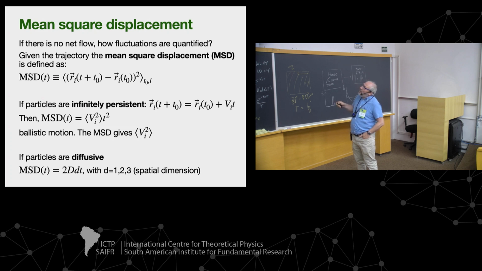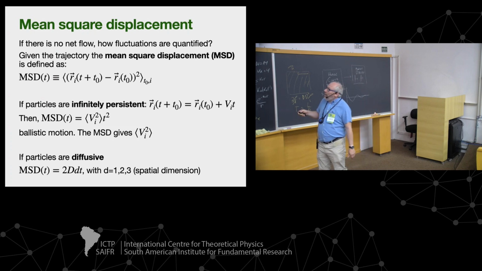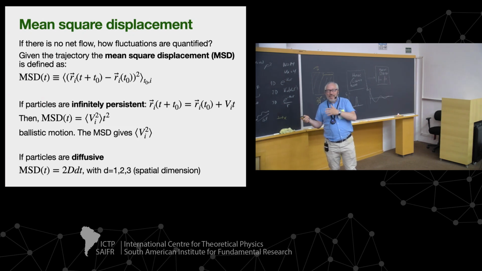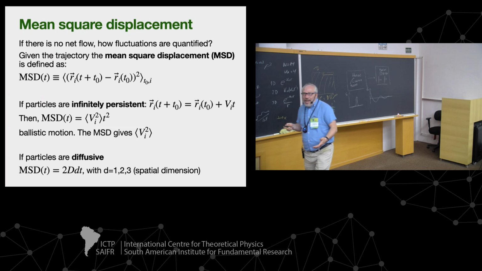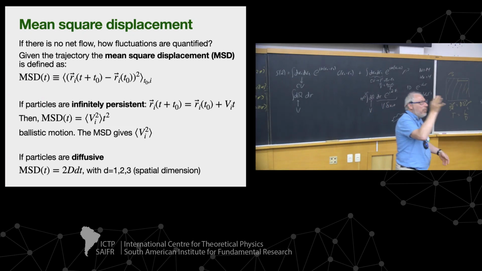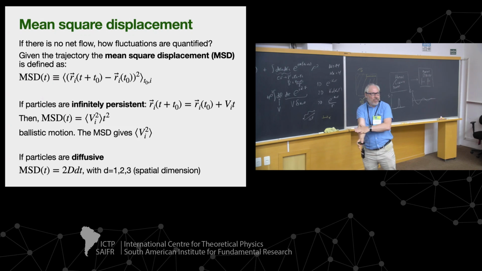Then the displacement is simply v_i t, and for the mean square displacement you have to average (v_i t) squared, which is simply the average of v_i squared, times t squared. So if you see that your mean square displacement is quadratic in time, it's telling you that the particles are ballistic. They are moving persistently in the same direction.